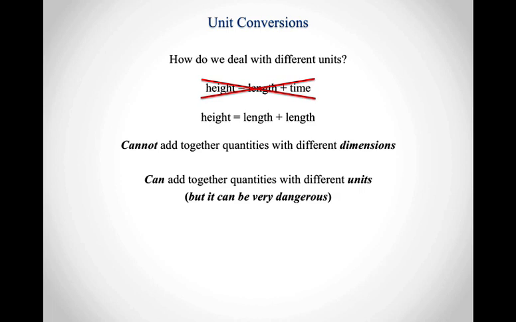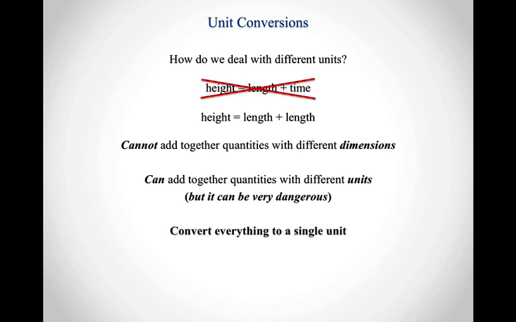If I have some height that I know is 5 feet 10 inches, but I now need to do something with it mathematically, I really don't want that height to be given in different units, right? So that's the part that can be very dangerous. It's okay to add together things with the same dimension but different units. It just becomes risky to try and now do something with that.